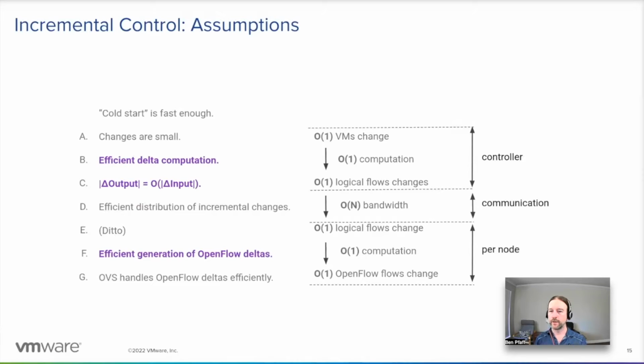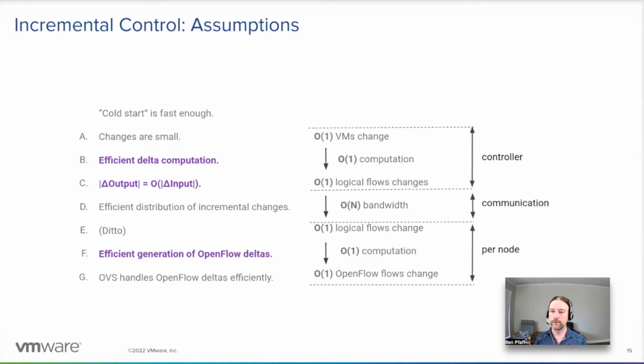And the key ones are, first of all, that in B and in F here, when there's a small change to our configuration, or a small change to the per node state, you have to be able to compute what the output of those computations should be efficiently.